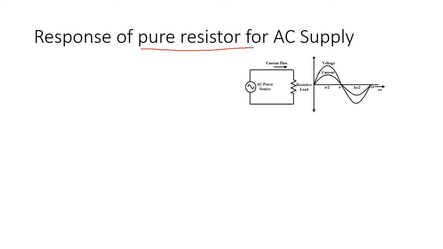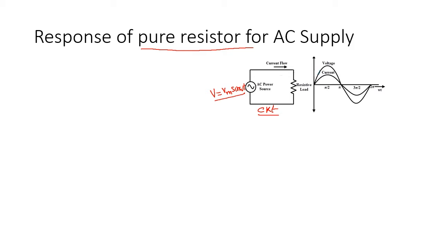This is the circuit of pure resistor, and I have connected an AC supply voltage, that is V is equal to Vm sin omega t. This is the supply voltage. It is connected across the resistor.